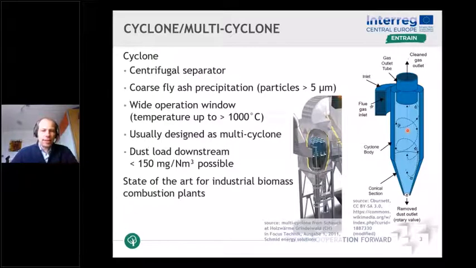An advantage of this technology is the wide operation window. It is possible to operate these devices at up to more than 1000 degrees Celsius, which is only limited by the temperature resistance of the material used. Usually this is designed as a multi-cyclone, as you can see on the picture here.